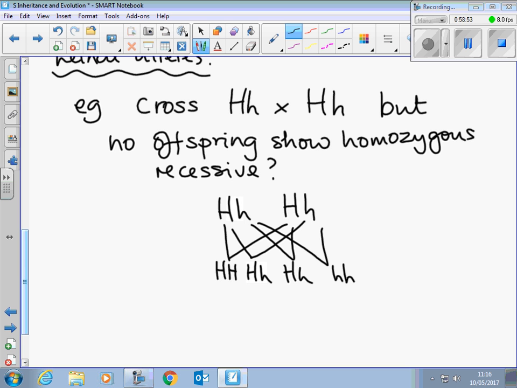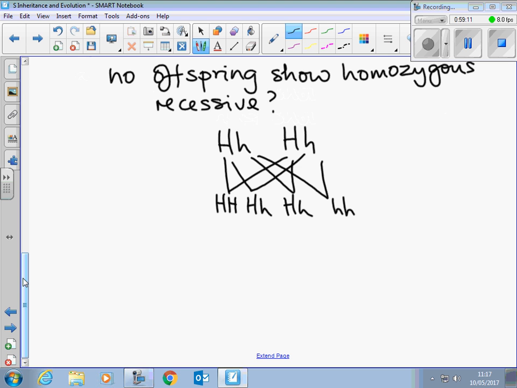Why not? Let's say these were plants that were churning out hundreds of offspring, but none of them show that characteristic. It's because of this idea of lethal alleles: that particular genotype is lethal. The little h in this case is a lethal genotype.